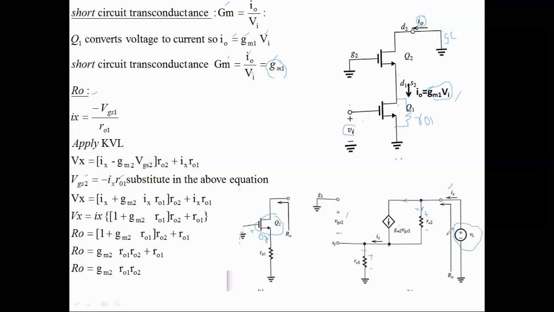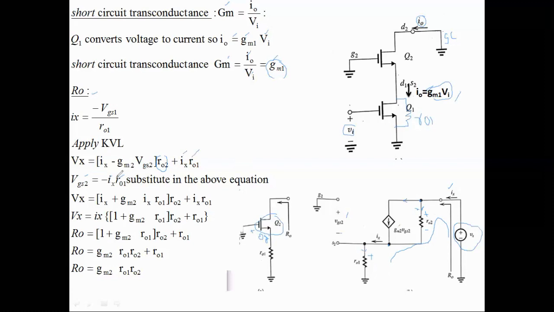Now I will apply KVL here. I can write the voltage Vx equal to the current flowing through R02, which is (Ix minus gm2 times VGS2) times R02, plus the drop across R01, which is Ix times R01.